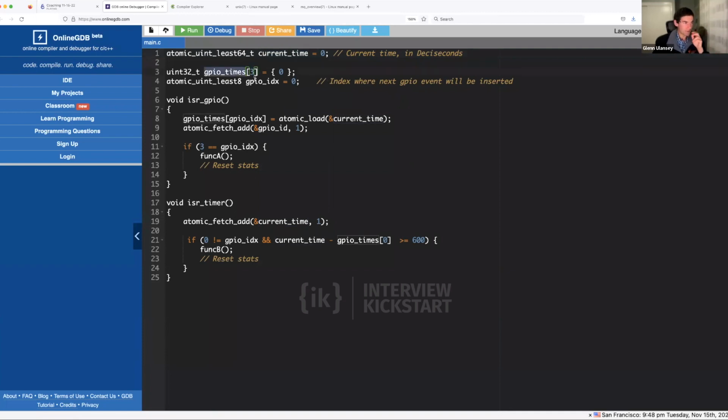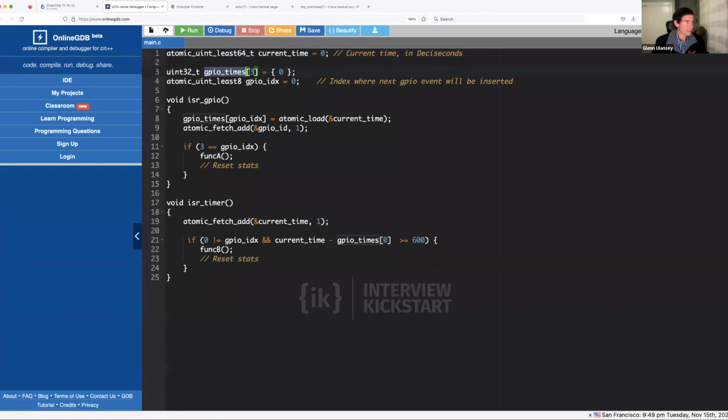And then what I also have is an array of 3 GPIO times. Each time a GPIO interrupt occurs, I'm going to save the time at which it occurred in this array. Technically speaking, I probably could have made it an array of length 2, but I wasn't thinking it entirely through, and I made it length 3 for simplicity.